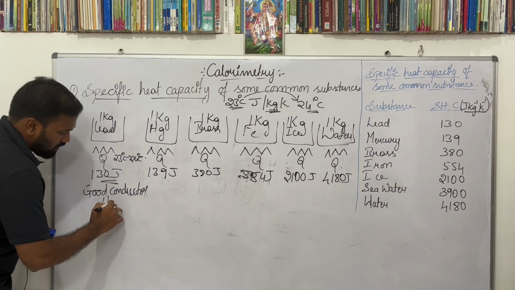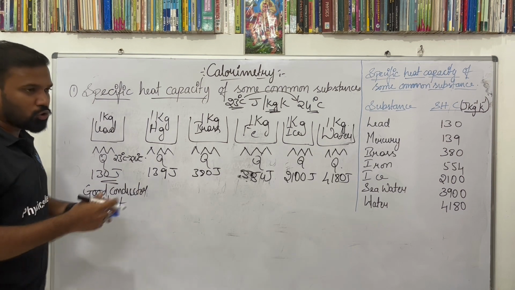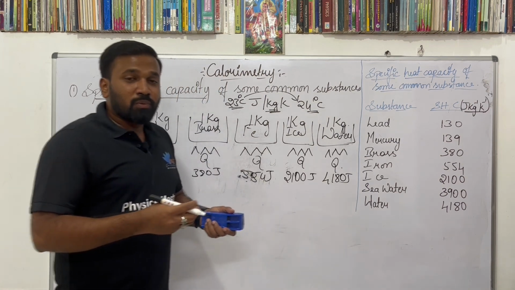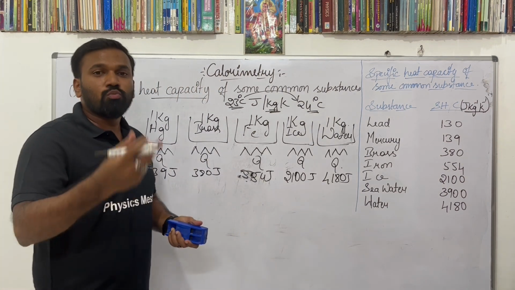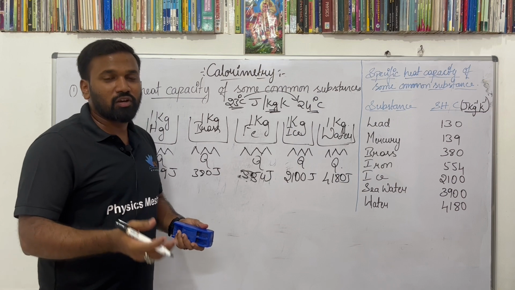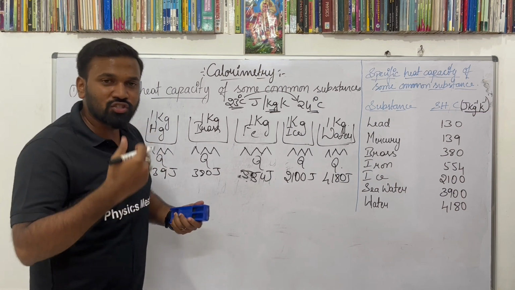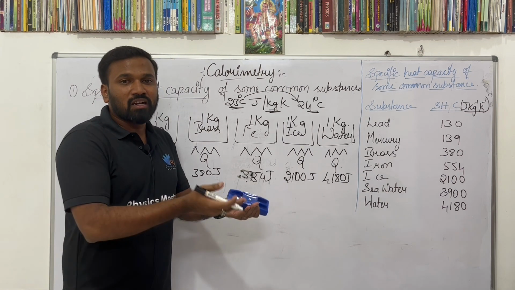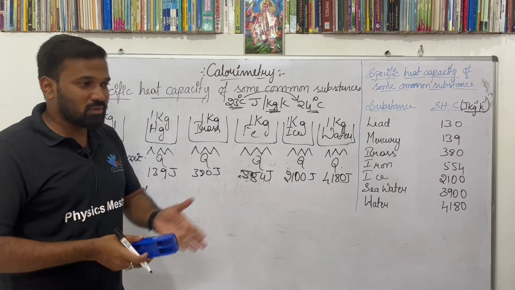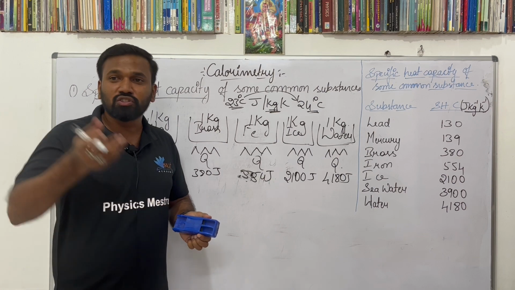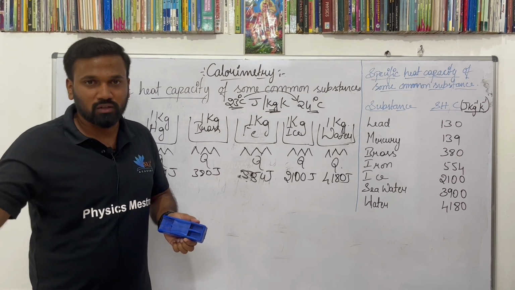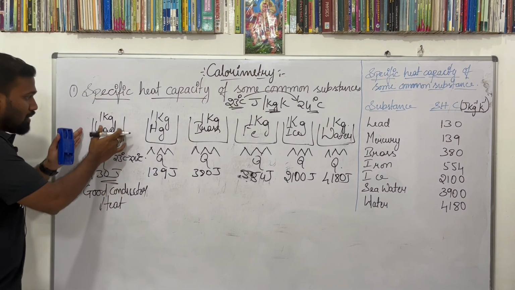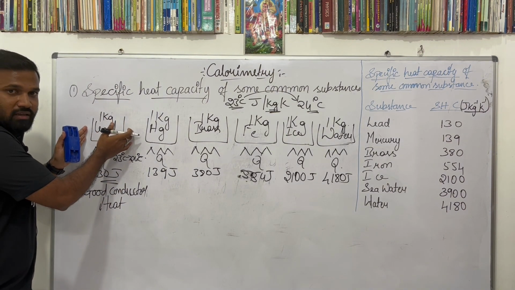For example, if you take two persons to do some work, the person who has more stamina will do more work. The person who consumes less energy and gives more work, we can say that person is powerful. So here it is consuming less heat energy, but the temperature is rising very quickly.